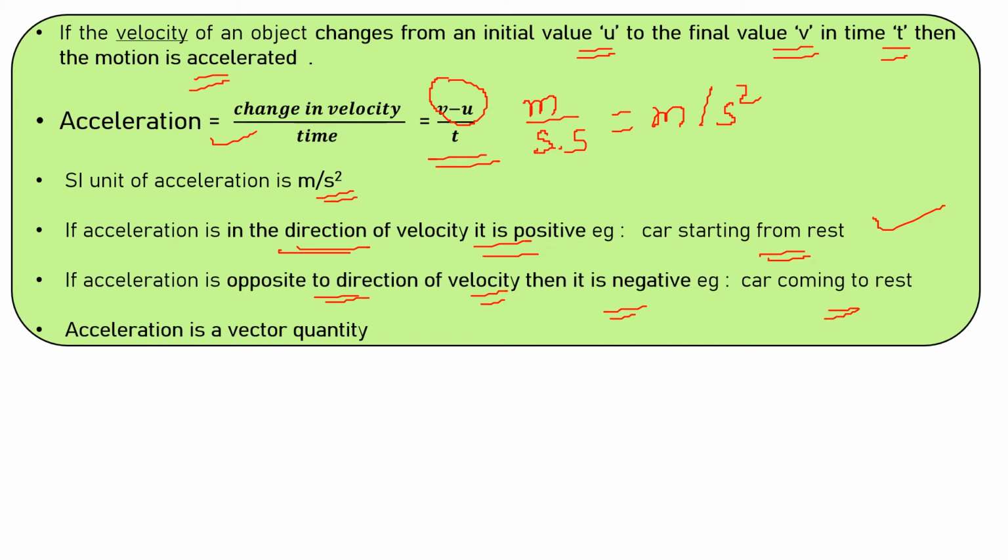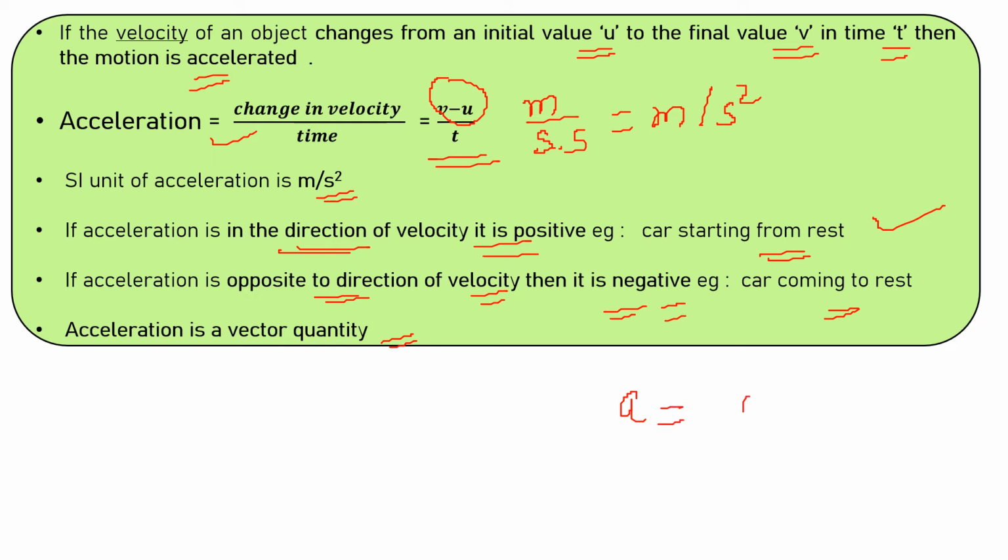Example, when the car is coming to rest means initially its velocity was high and now it is coming to 0. So we say the body is accelerated, but it is now negative acceleration. So acceleration has to do with the direction as well as the magnitude of the velocity. Hence acceleration is a vector quantity.